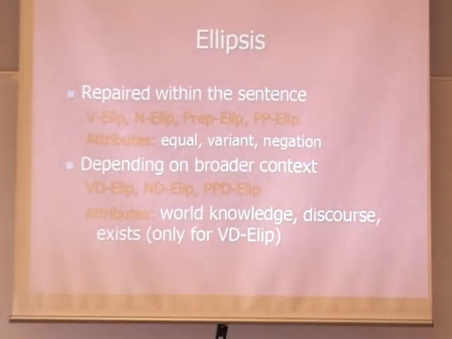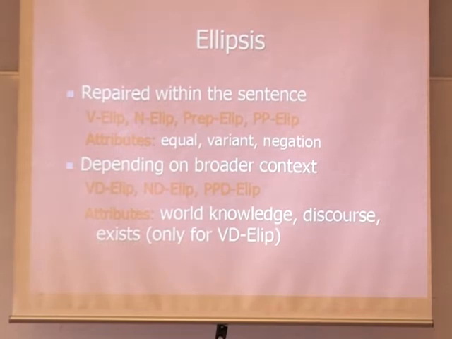Okay, now we go to ellipsis. You already know about the layers in the Treebank, and for that reason we need two types of ellipses. The first one is prepared within the sentence, in the isolated sentences, and then the ellipsis which depends on broader context.